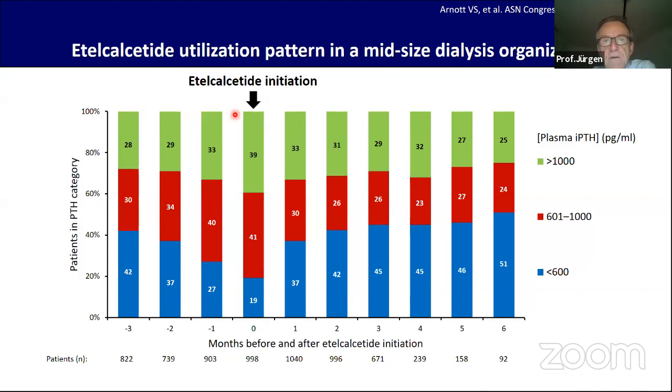As you get closer to the switch, 40% now are very, very high, 40% are uncontrolled, only 19% are in the target range. And you can see that this increases to 51% controlled, and that these amounts here are very much lower.